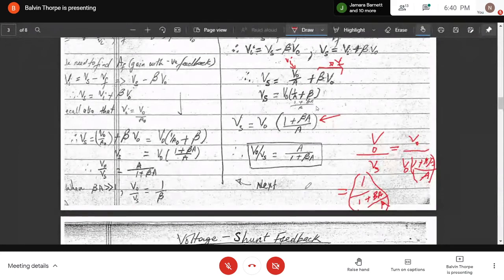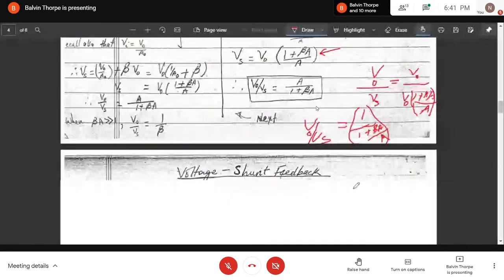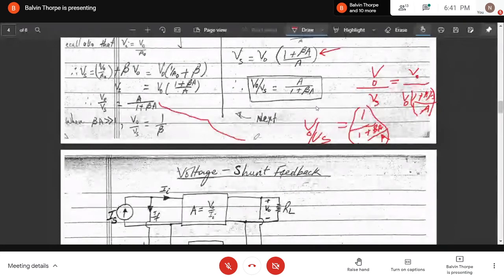So therefore, mathematically, we can see that this now will equal 1 over (1 plus beta A) over A. So that's what VO over VS would be.